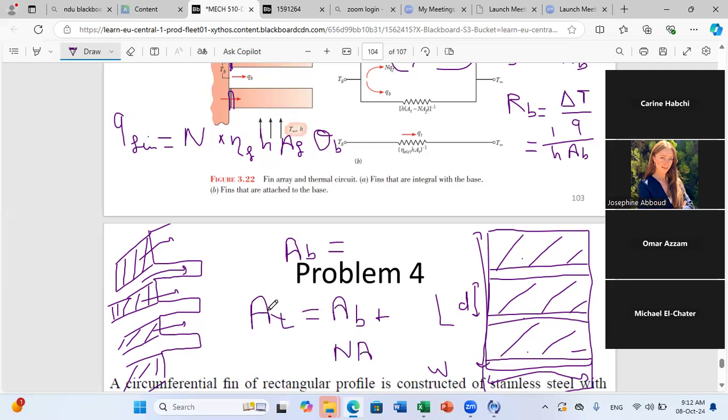So if you know A total, you can subtract from A total N times AF to get the uncovered area, okay?